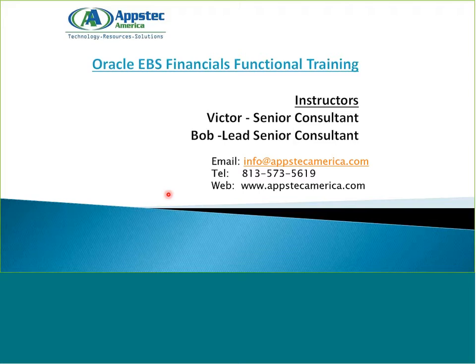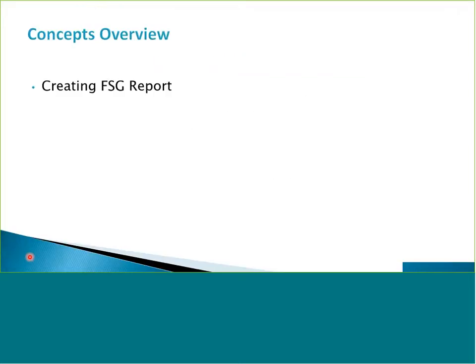Thank you, Bob, for the introduction, and welcome to this lesson of our Oracle Financials Functional Training. In this lesson, we are going to continue with what we started in our previous one, which is creating FSG reports using the FSG tool.